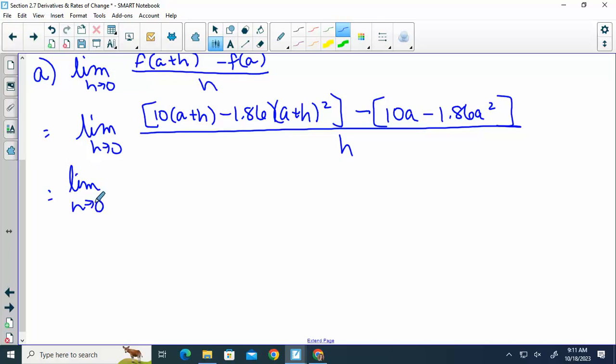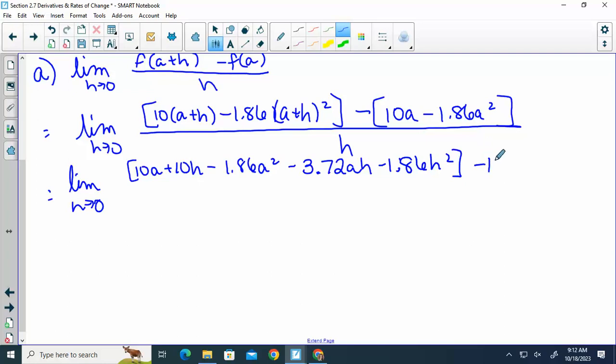Yeah, algebra. These have a lot of algebra, multiplying things out. So first one, if I distribute my 10, can I FOIL this and distribute 1.86 at the same time? So we would have a squared times 1.86 plus 2ah times negative 1.86, give me negative 3.72ah plus a squared times negative 1.86, so minus 1.86h squared.